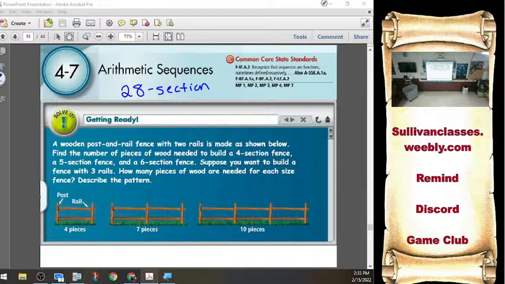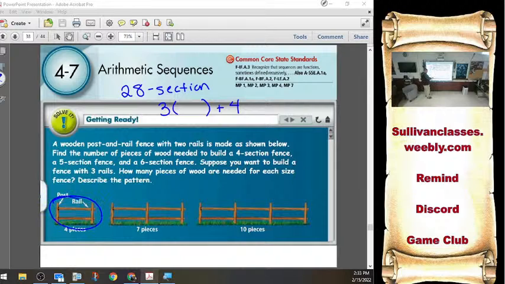Now I need a 28 section fence. Okay, I'm starting with 4, and then I'm adding 3 pieces every section. But you got to be careful. It's 3 pieces times how many more sections.